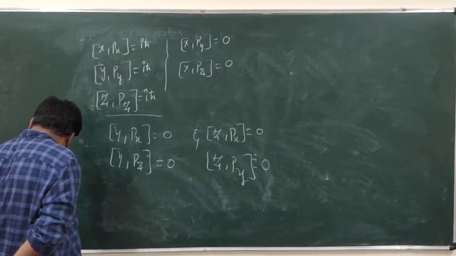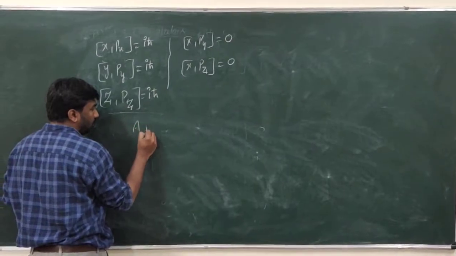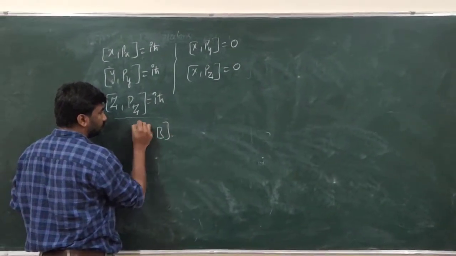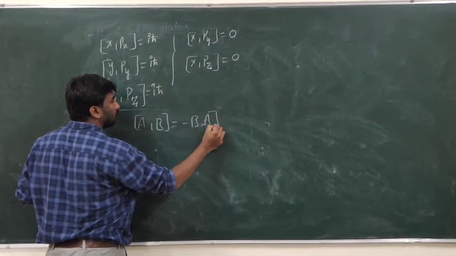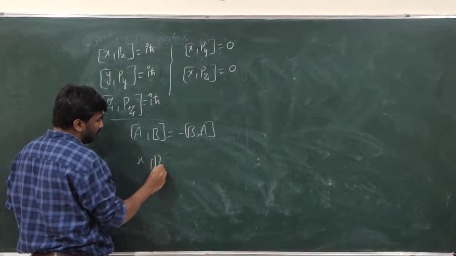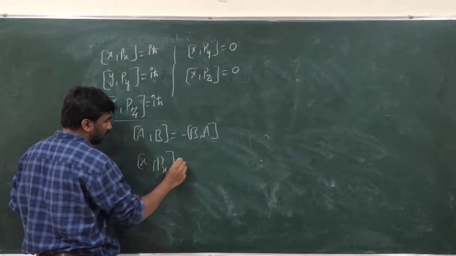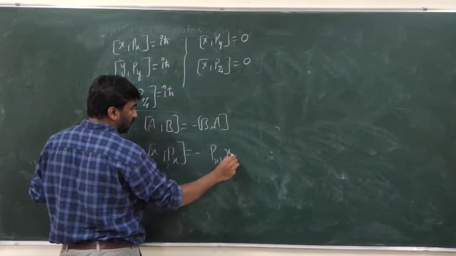Next, we have the relation [a, b] is equal to minus [b, a], right? So similarly, we can write [x, px] is equal to minus [px, x].